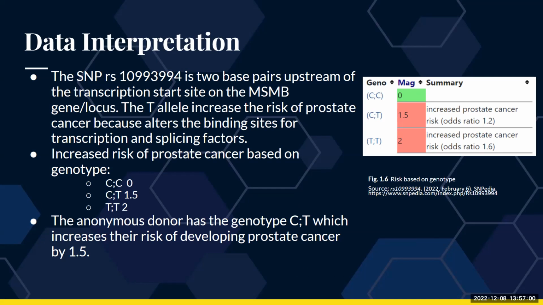The risk is described in order of magnitude. It is found that individuals with the CC genotype are at no risk, whereas those with CT or TT genotypes are at an increased risk of developing prostate cancer. Based on this information, we found that the anonymous donor is at an increased risk of prostate cancer because they have the CT genotype. And now I will pass it on to Natalie.